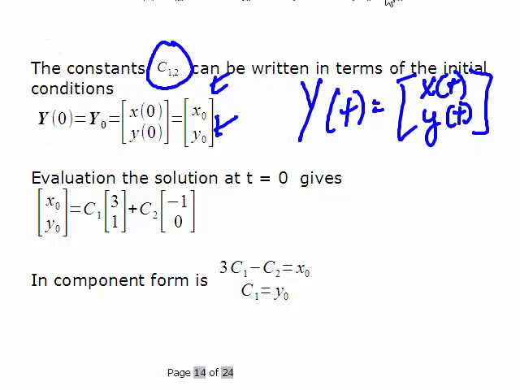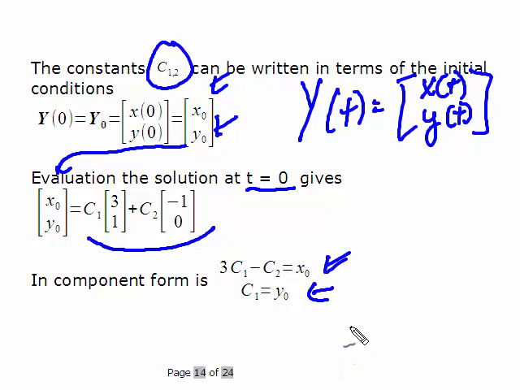So if we take our solution that we had on the previous page and evaluate that at t equals 0, we have x, remember all those sine terms go away, which is nice, x naught y naught, which is the solution at 0, and here is from the solution that we derived with the C1s and C2s in it. You can write some equations, and then from that you can just solve this algebraically and find values for C1 and C2. Obviously C1 is y naught, that's easy, and C2 isn't far behind.